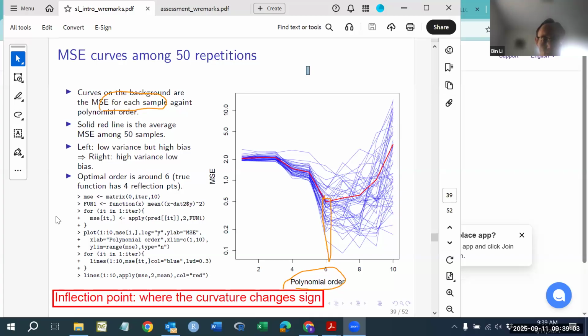So in this simulation, you should have a better understanding of what the bias variance trade-off is and how we find the optimal model.